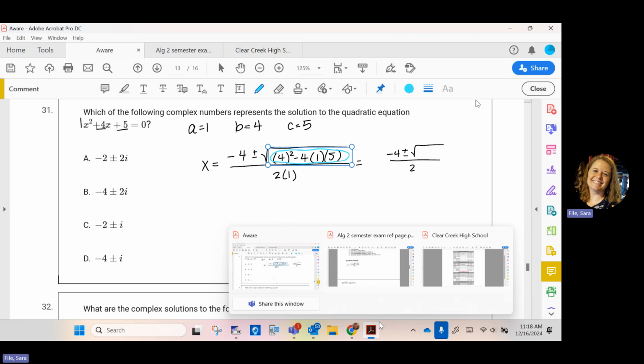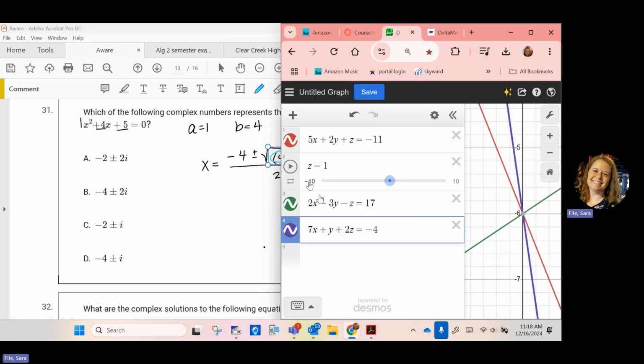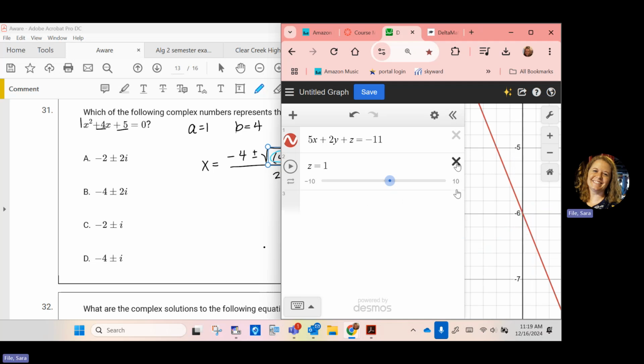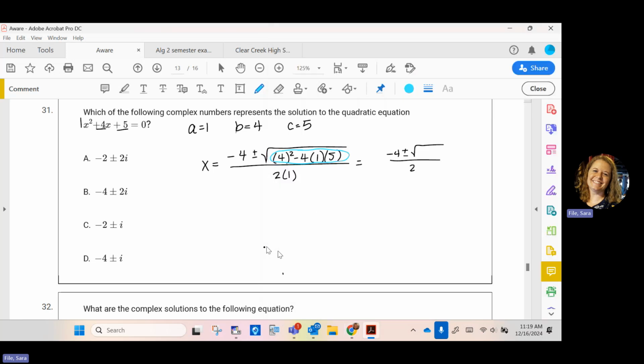Okay, so I'm simply going to come over here and type in, first I'm going to get rid of all this. Okay, and then I'm going to do 4 squared minus 4 times a times c. Okay, and it comes out to negative 4. Okay, so negative 4 is what is underneath my radical now.